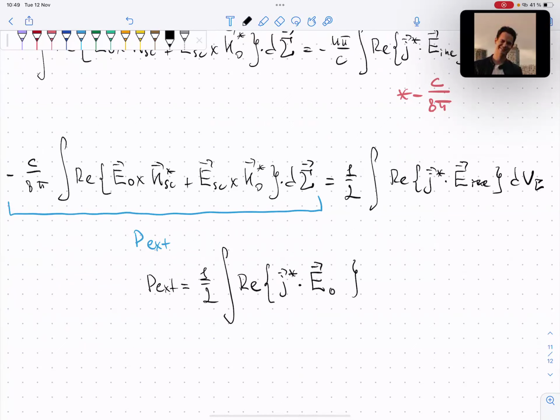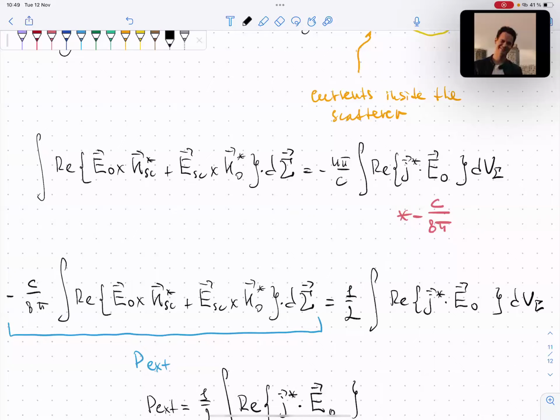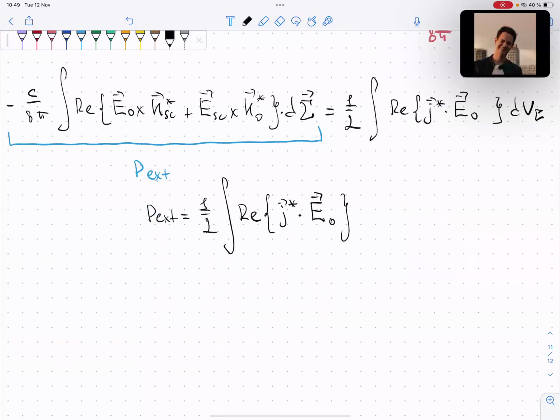Sorry, this should be E0 everywhere, dV sigma, where J is the total current induced inside our particle, and it equals to, well, we know that epsilon is connected with conductivity, so we can write it through the conductivity.